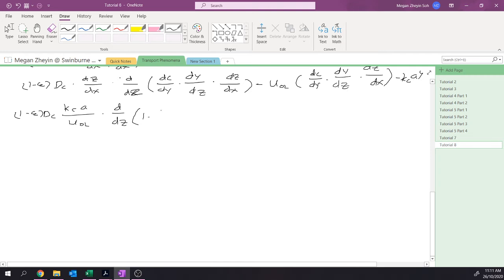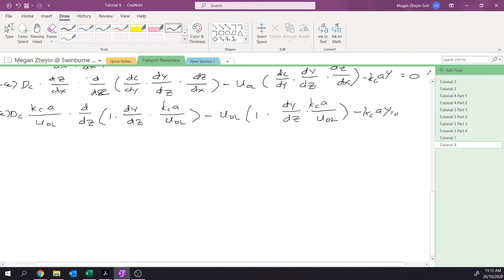So this is 1 multiplied by dy dz, kca over uol minus uol bracket dc, same thing, 1, multiplied by dy dz multiplied by kca over uol minus kcay equals to 0.